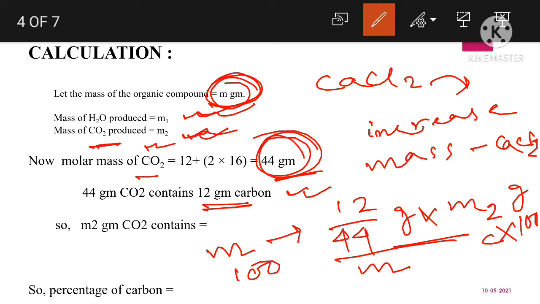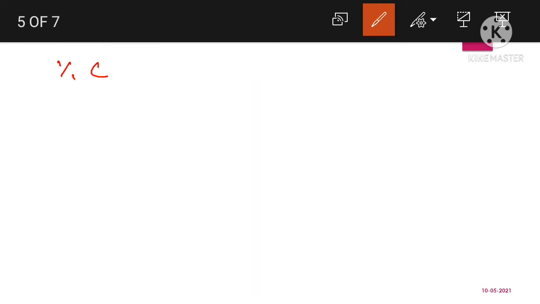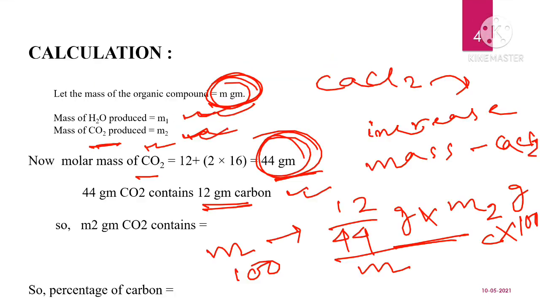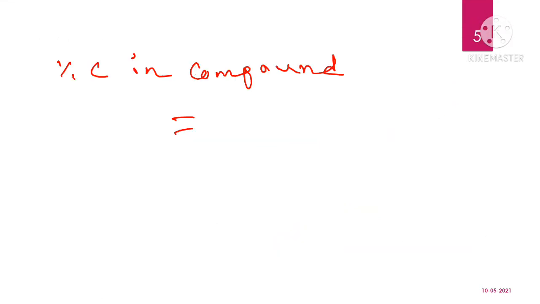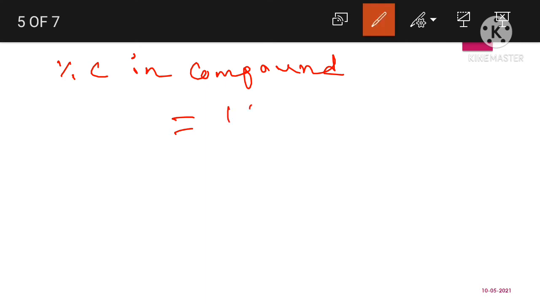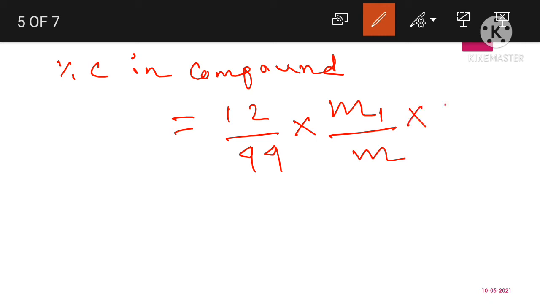So percentage of carbon in compound equals 12 by 44 into m2 by m into 100. So this is the percentage of carbon present in the organic compound.